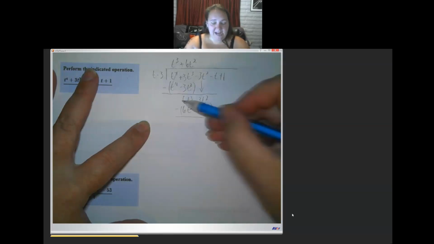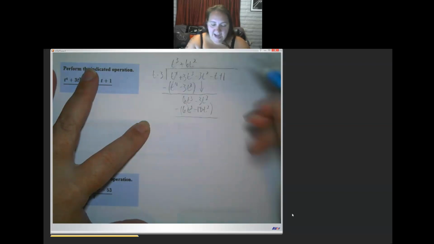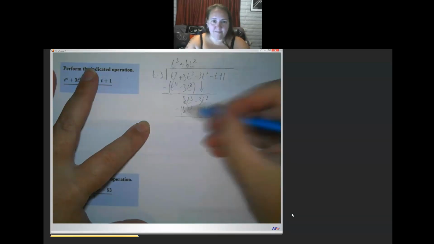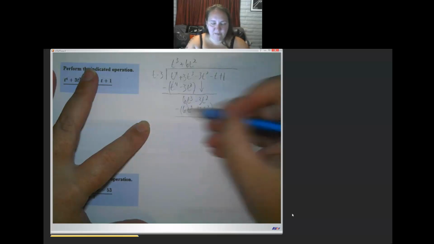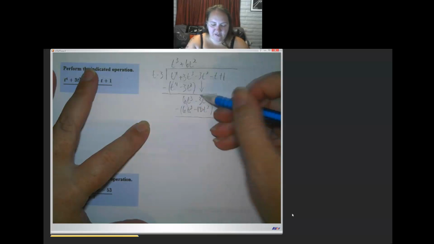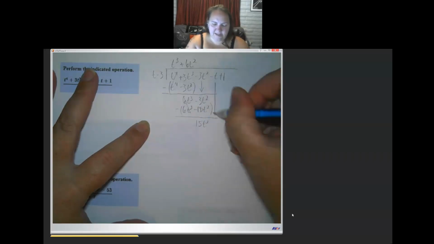6t to the third minus 6t to the third cancels. Negative 3t squared minus negative 18t squared. Remember, minus a negative becomes positive, so this is going to be 15t squared. And then we bring down the minus t.